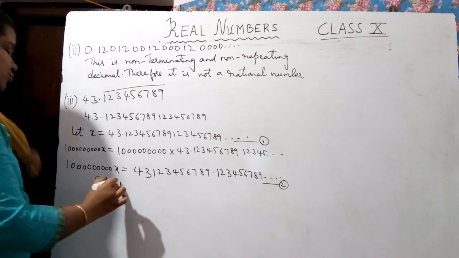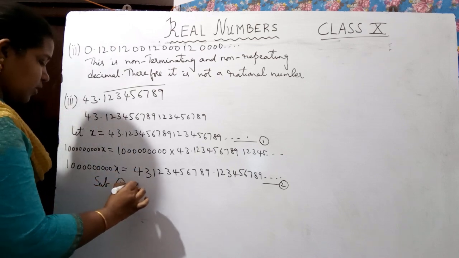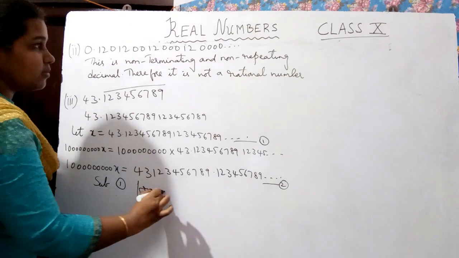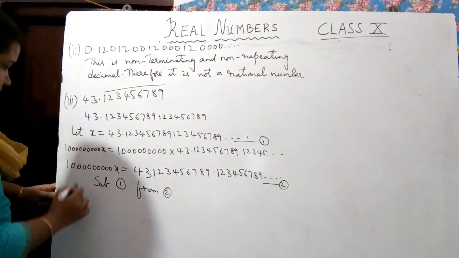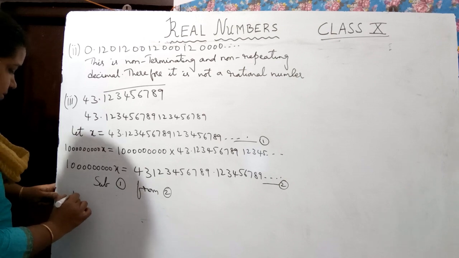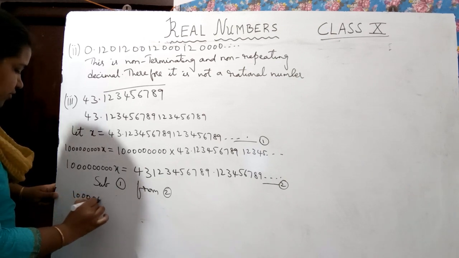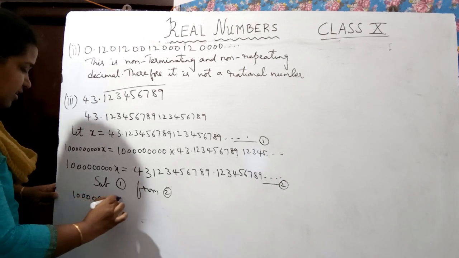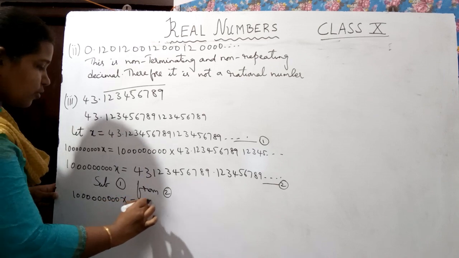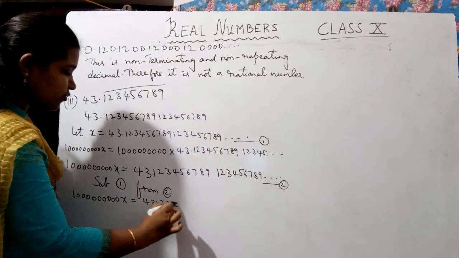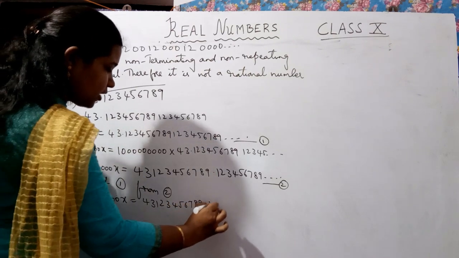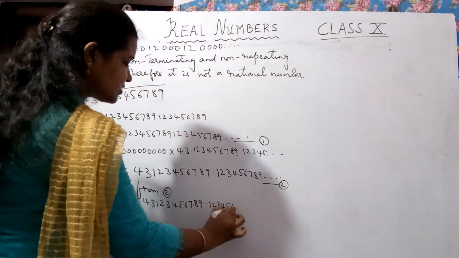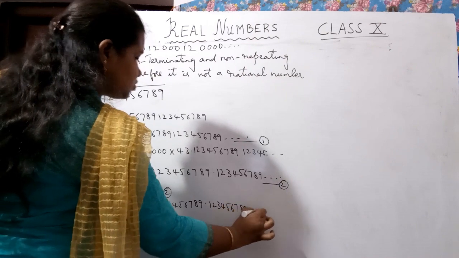1 from 2. Subtract 1 from 2. So what you'll have here is 456789 x is equal to 43123456789, point 123456789, and so on.